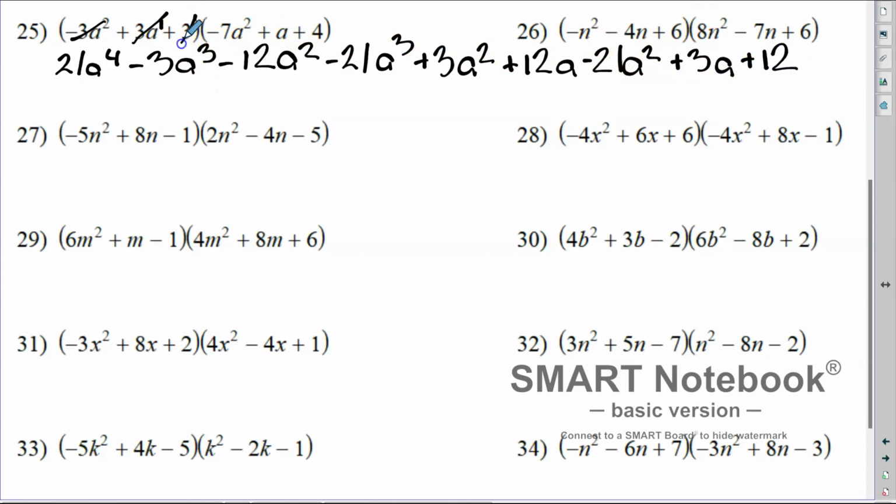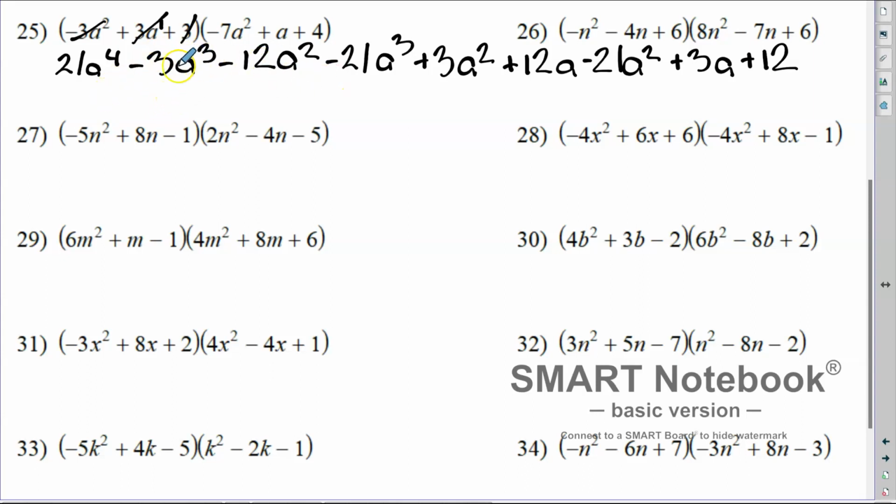All right, so I'm done with that and I'm left with 9 terms. Let me check: 1, 2, 3, 4, 5, 6, 7, 8, 9. So there's a good chance I did this right. And as you work with your shoulder partner, work on this separately and then you can check your final answer to build your confidence here.